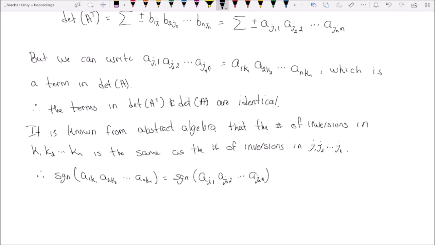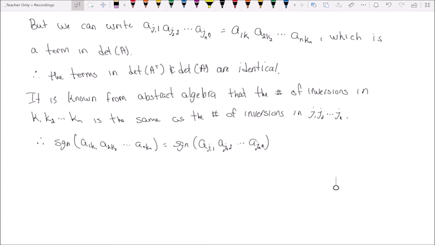And of course, remember that is B1j1, B2j2, up through Bnjn. So these two together say that the determinant of A and the determinant of A transpose are the same because they have the exact same terms and the corresponding terms have the exact same sign.